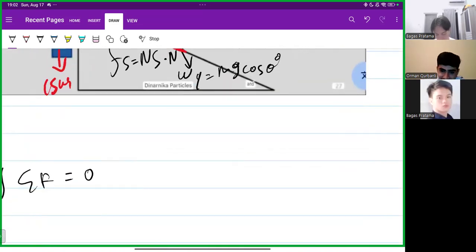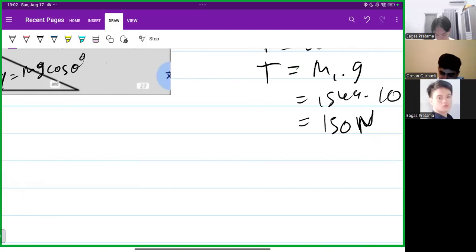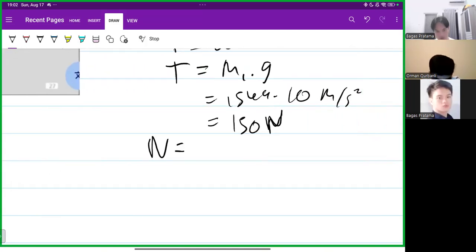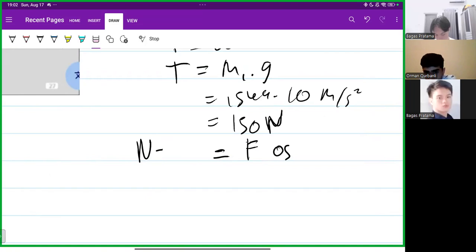Okay, first we have to find the normal force. It should be the same as the sigma F. I'm sorry, we put in the W, so this will be F cos theta.